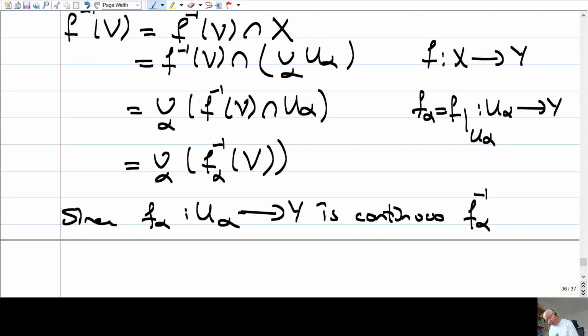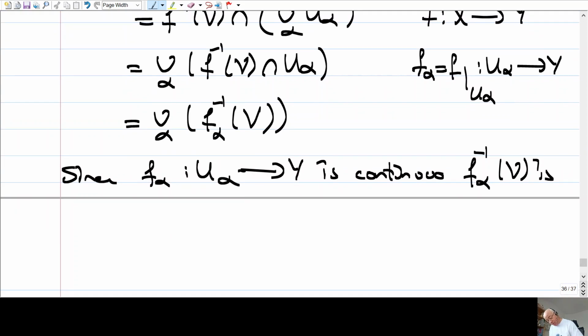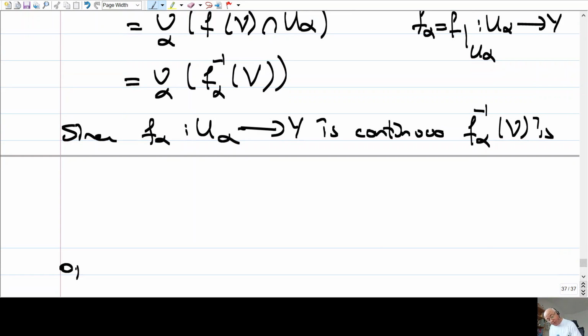the f alpha inverse image of v is open in u alpha. Okay.